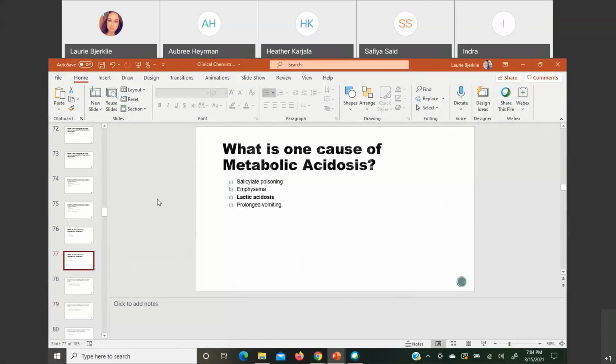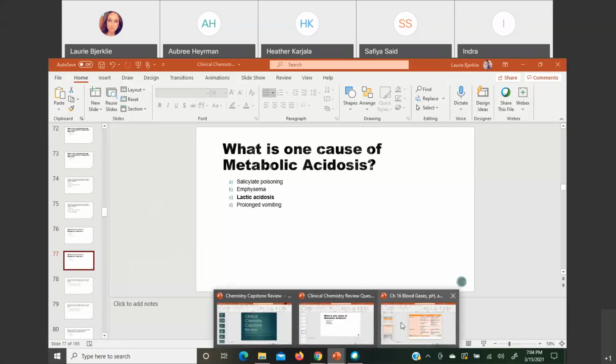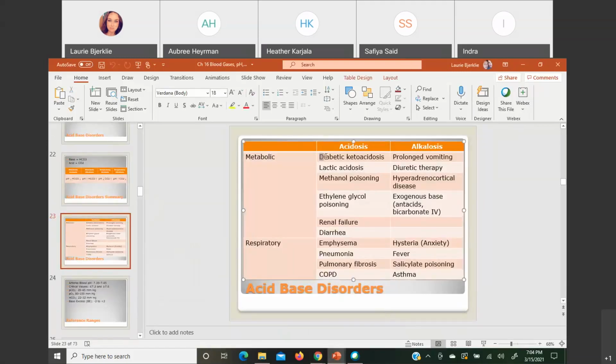In this one, it sounds like lactic acidosis. Again, if I were to go to that PowerPoint chart, under metabolic acidosis you have a bunch of different acidic ones, along with some chemical poisonings and a couple other things. Prolonged vomiting, which is one of the other answer choices, is under metabolic alkalosis.